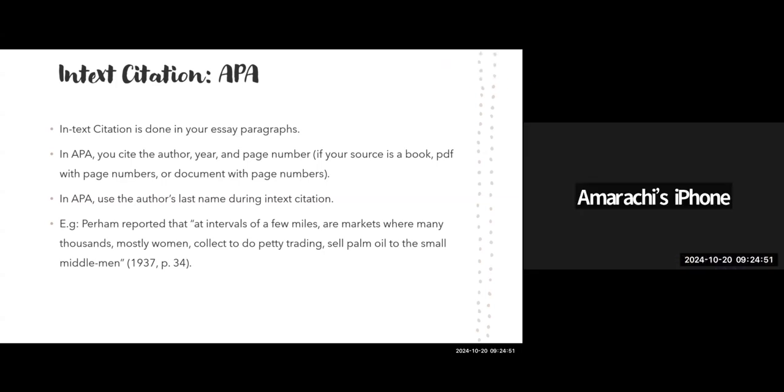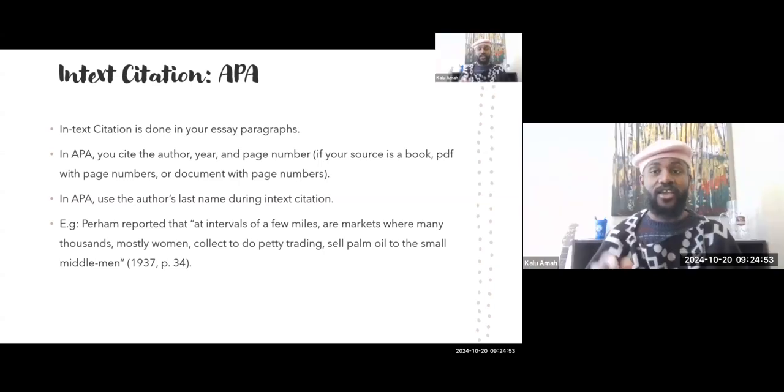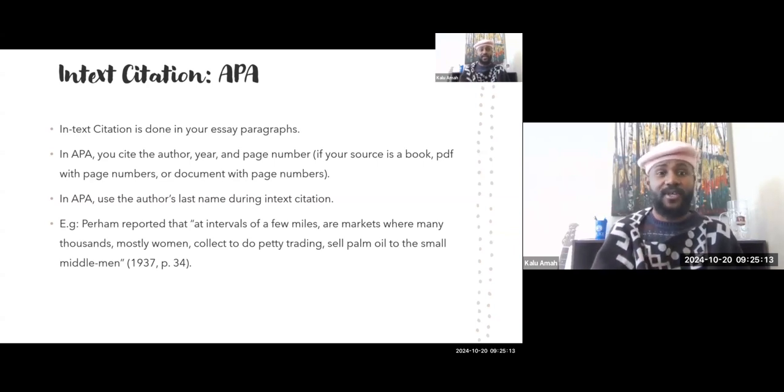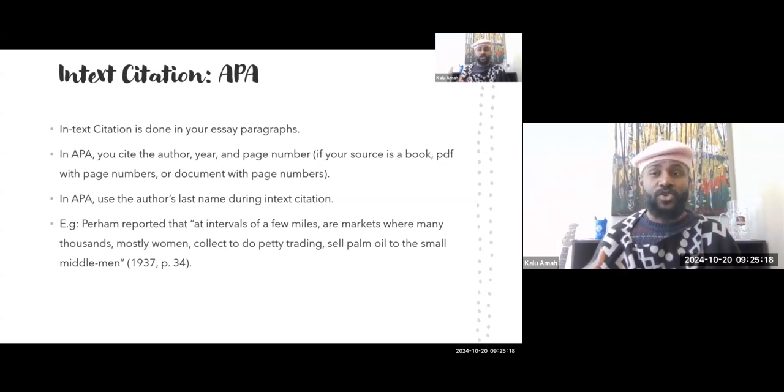If you look at what I just did, I included the year in parentheses, then included the page number. Going back to the instruction, it just followed it: in APA, you cite the author, the year, and page number in your in-text citation. Let's assume this was a source you were integrating into your paper to support your claim.